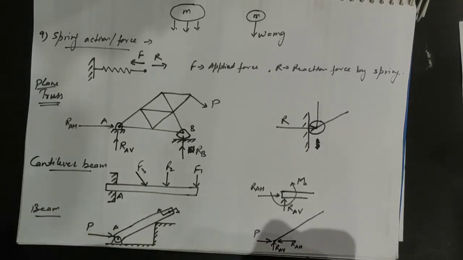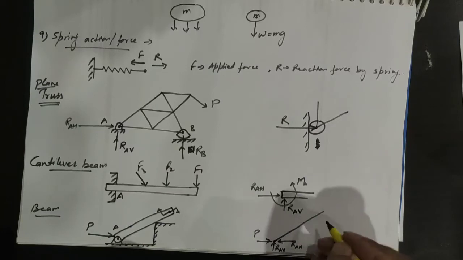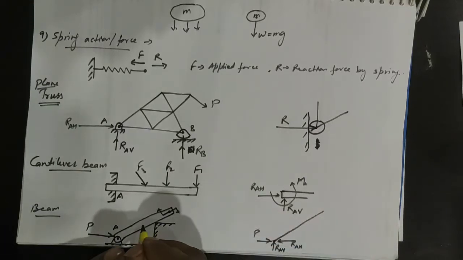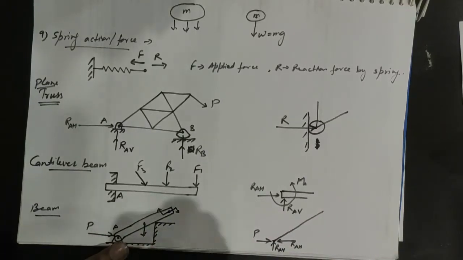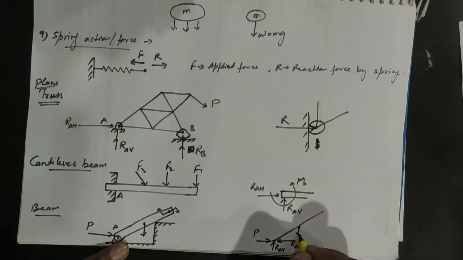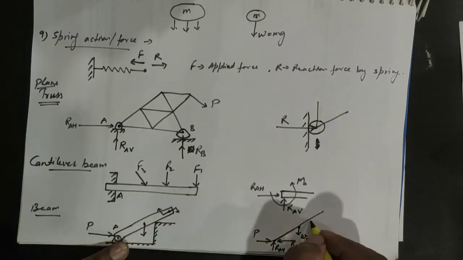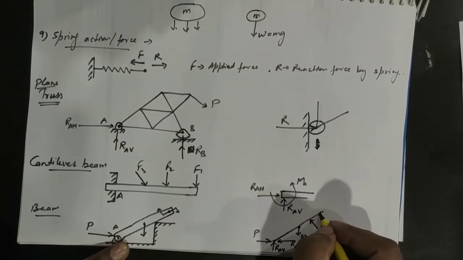If our assumption is correct, the answer will be positive. If our assumption is wrong, the answer will be negative. No issue. The weight lies at the middle, acting downward, W equals mg, and the normal reaction at that point is N, and we can show the moment like this.